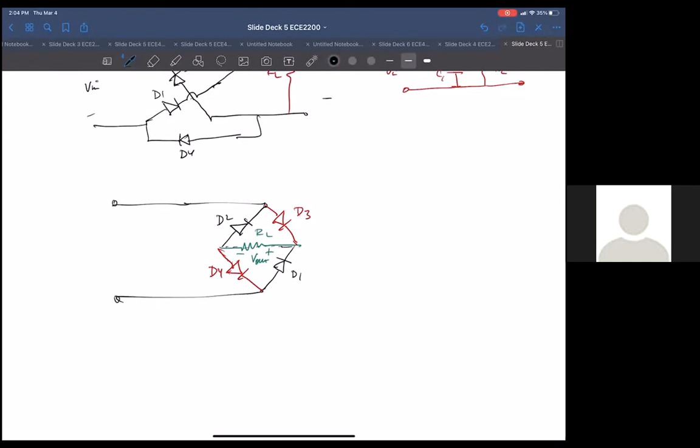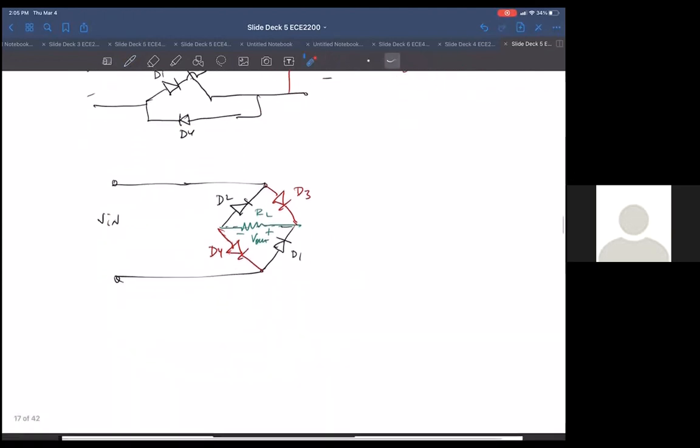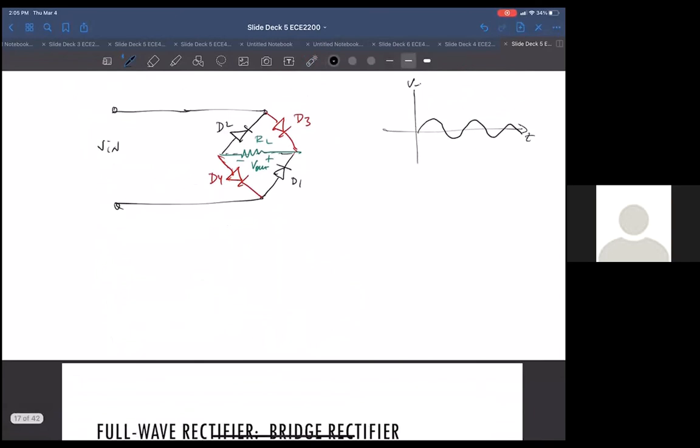Hopefully this is the same as the other circuit, just drawn differently, and a good starting point to understand how this thing works. And remember that Vin versus time is doing something like that. Okay, so let's see what happens.